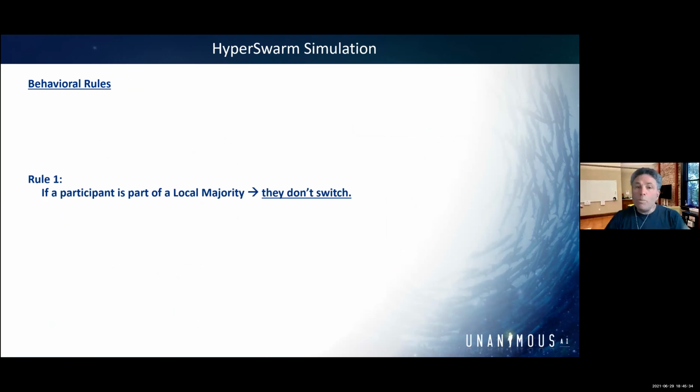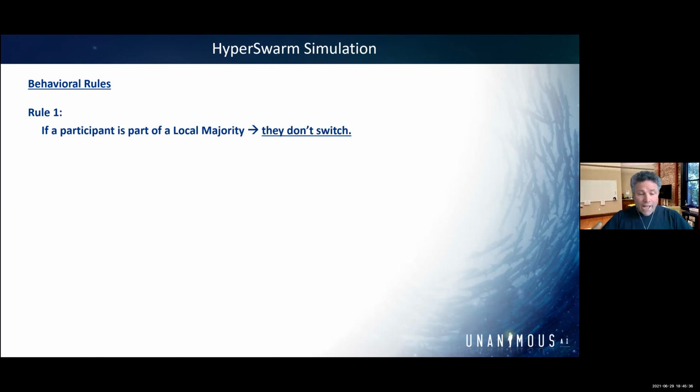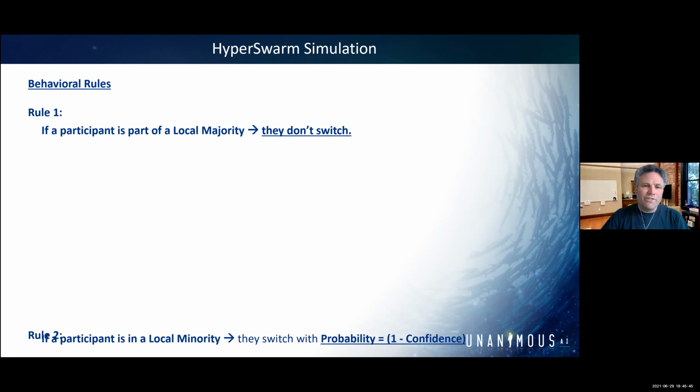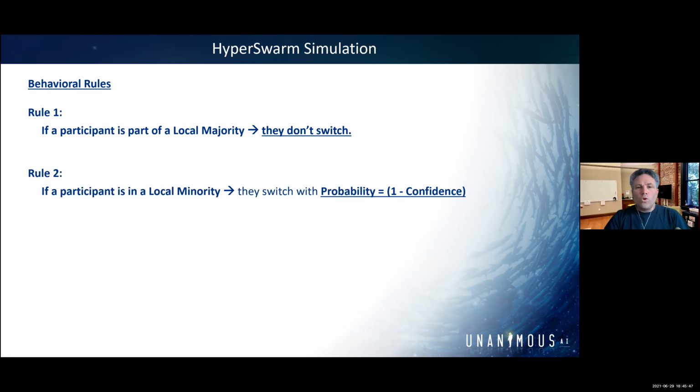And then we had these simple behavioral rules. If I find myself in a local majority, I'm not going to switch because I'm basically seeing a population that reinforces my belief. If I find myself in a local minority, I might switch, with a probability of 1 minus my confidence. If my confidence is 100%, then I know the right answer, so there's a 0 chance I'm going to switch.